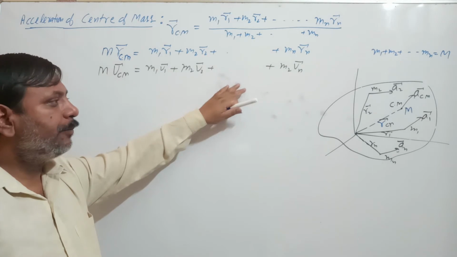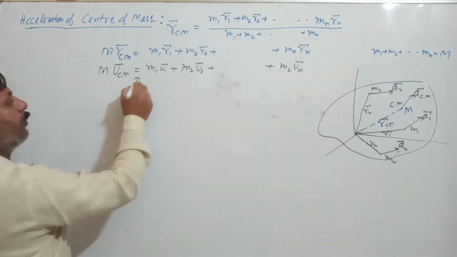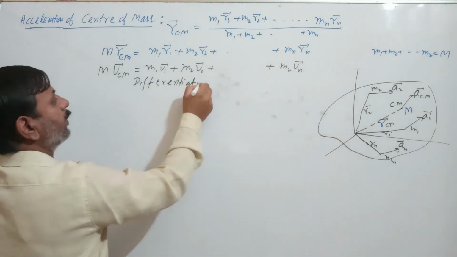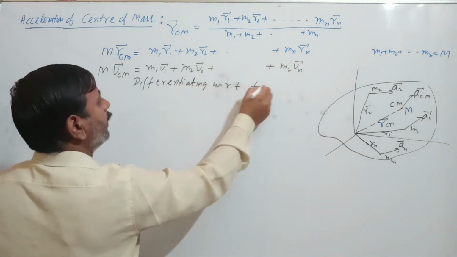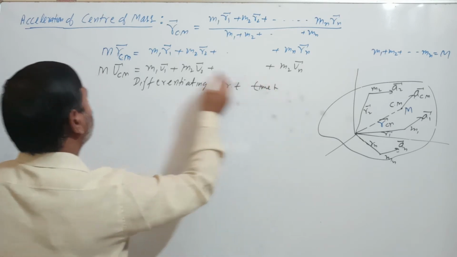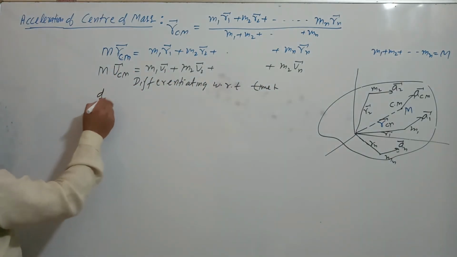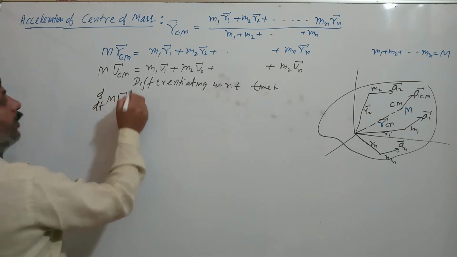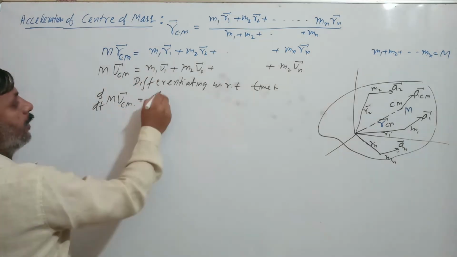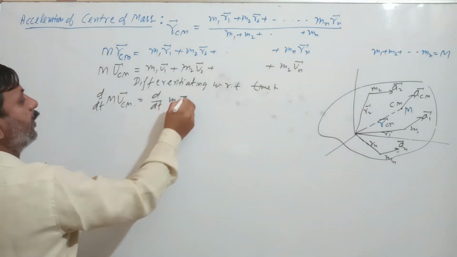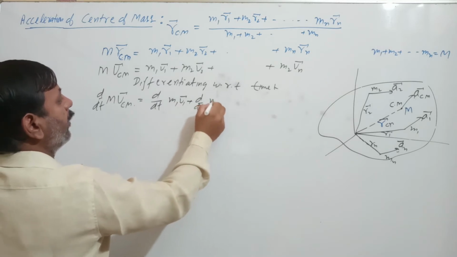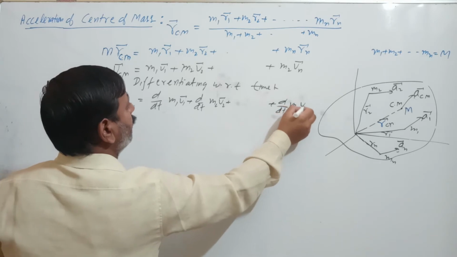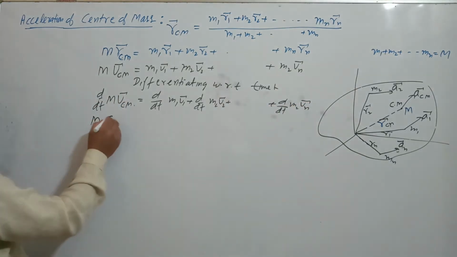So differentiating with respect to time t, d by dt of M vcm is equal to d by dt of m1 v1 plus d by dt of m2 v2 plus d by dt of mn vn, where M we have taken out.